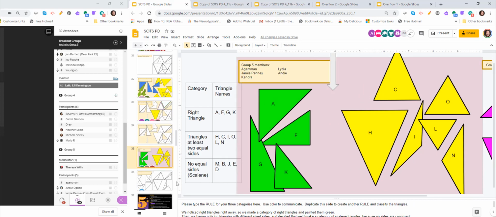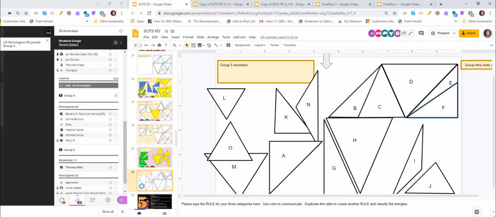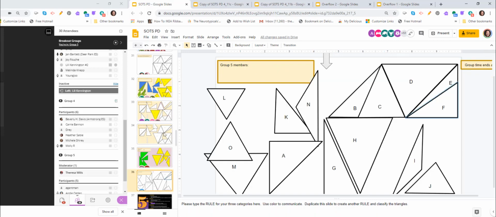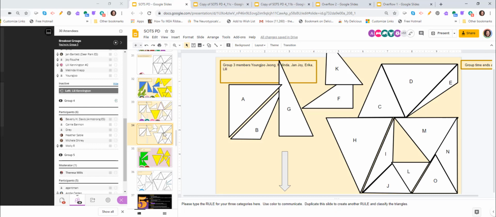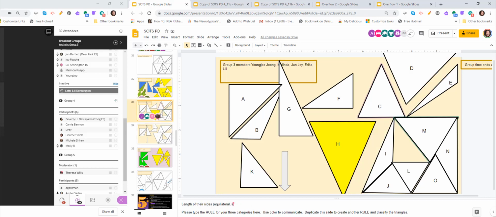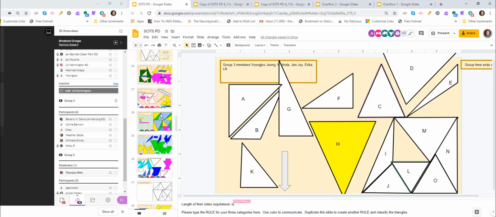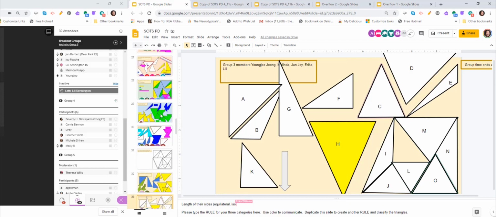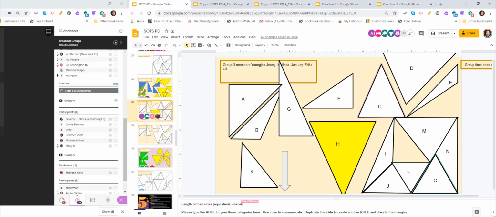So we sorted in two different ways, right? Like the first one. What happened to our slide? Okay. I was like, oh. 35. And now we have 35 and 36.